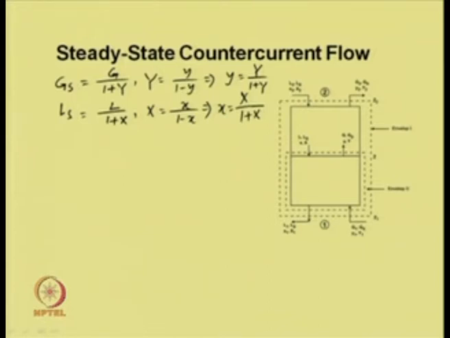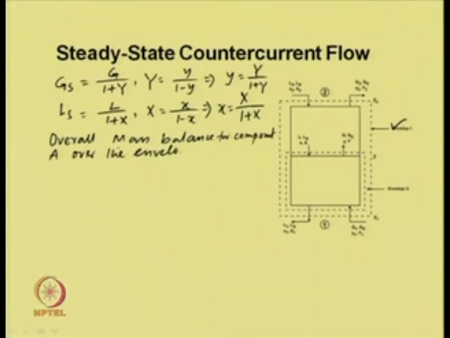The overall mass balance, if we consider the envelope 1, the overall balance over the equipment, for a particular component A over the envelope 1, we can write G1 small y1 plus L2 x2, which is in, is equal to G2 y2 plus L1 x1.